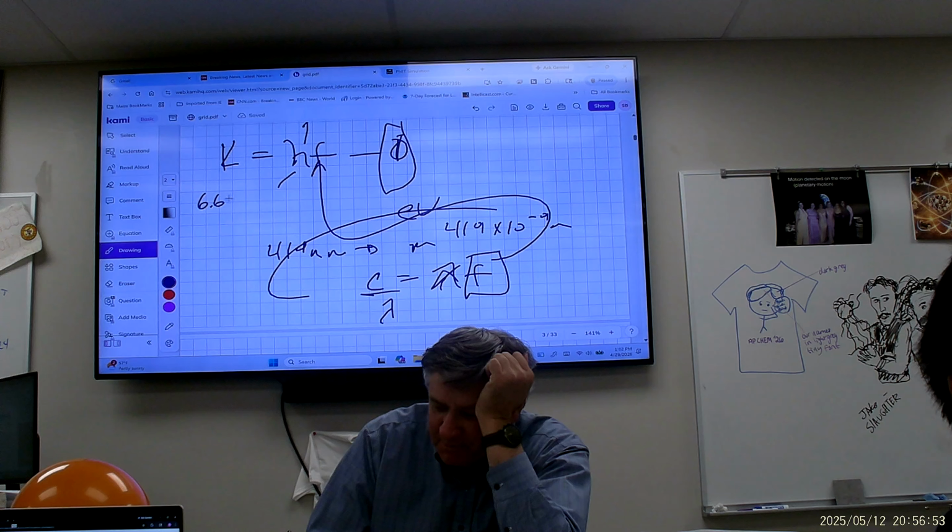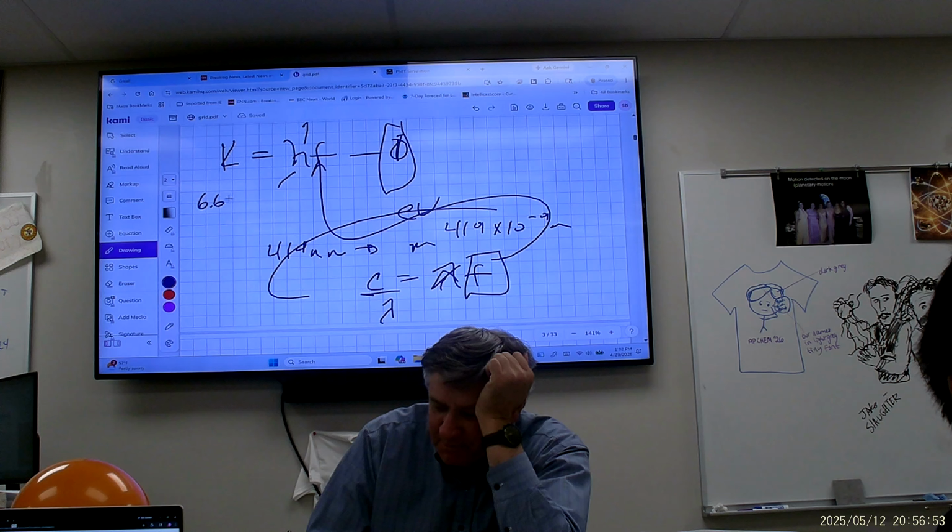Now, if you are absolute hardcore, pure physics, I'm into units kind of thing, you would take the 419 nanometers. Don't do this unless you're really, really into this.